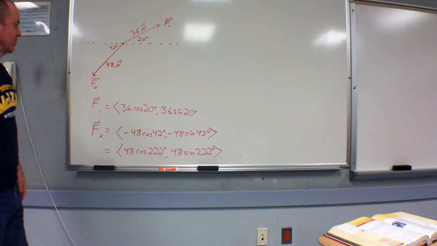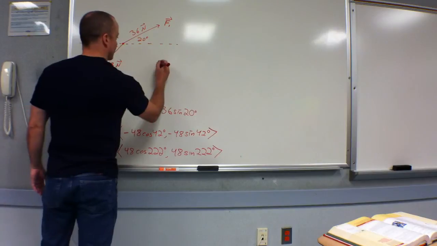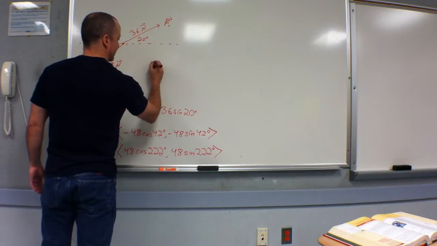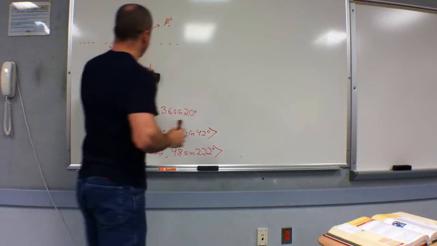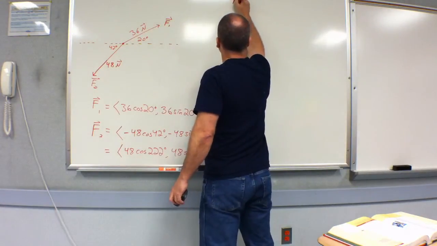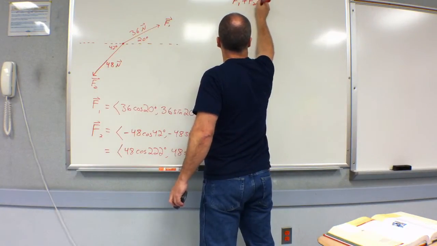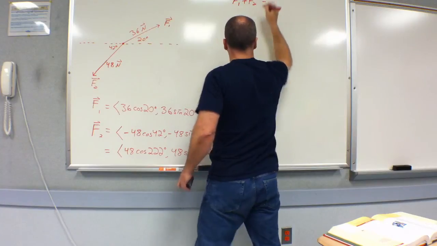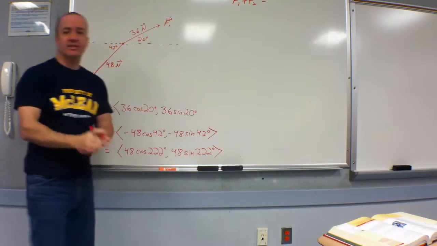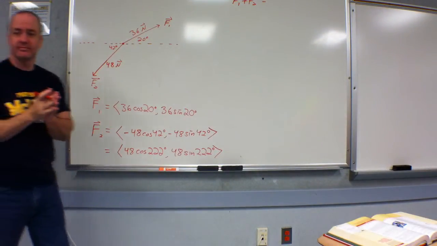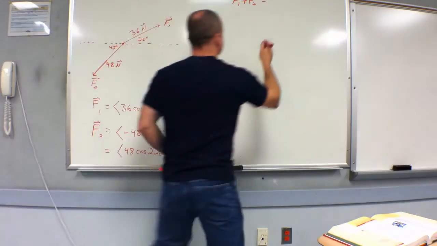And this is the point where someone would pull out their calculators and discover that, I'll write that up here, F1 plus F2 added as vectors equals, who's got the numbers? Negative 2.62 and negative 15.79.